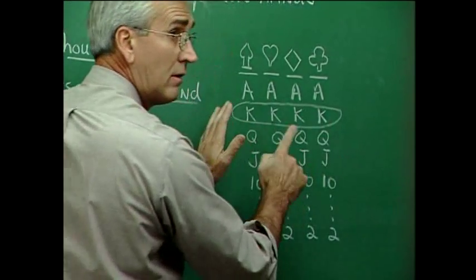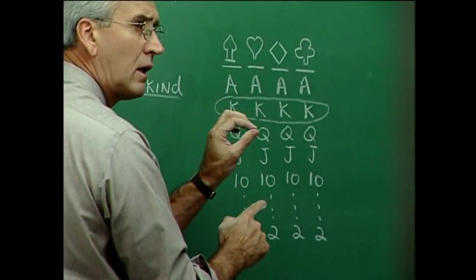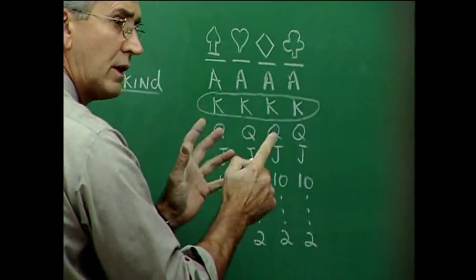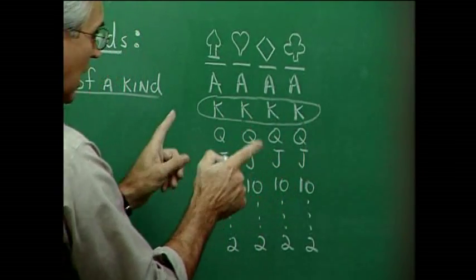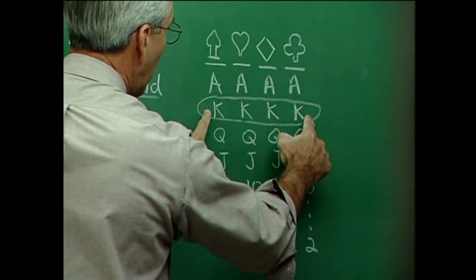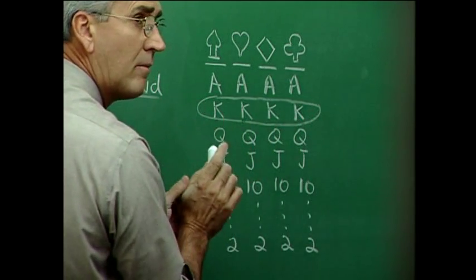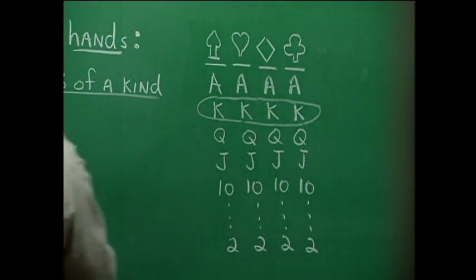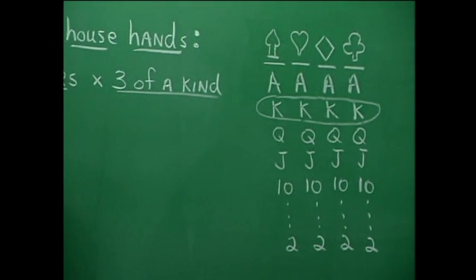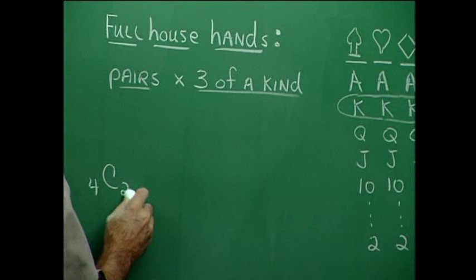So it's the combination. Now we're talking pairs here. We're talking a group of 2. So it's a combination idea. It's a combination of 4 things, but we want only 2 of them. So really we're calculating the combination of 4 things taken 2 at a time.